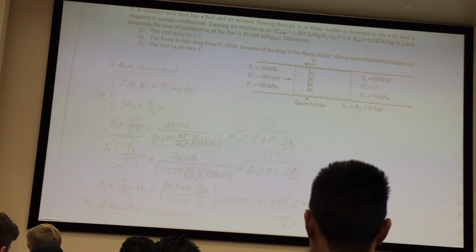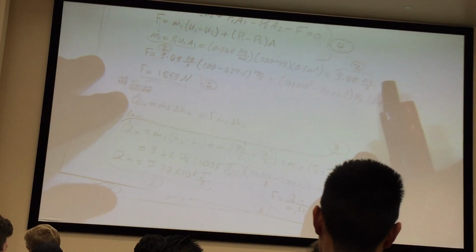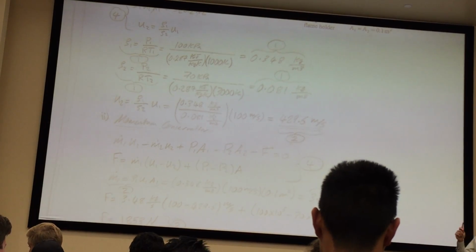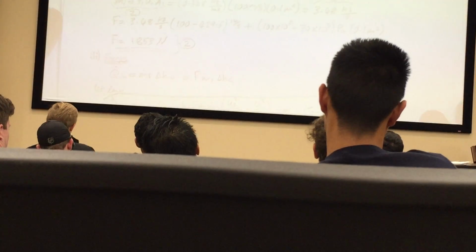But you will get partial credit for it, not full. The fact that you thought of conservation of momentum counts. Keep in mind it's a small percentage overall. But anyway, any question on this?